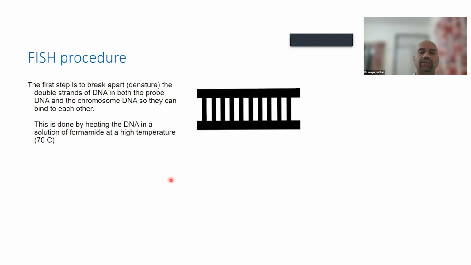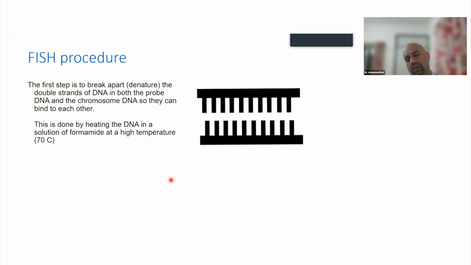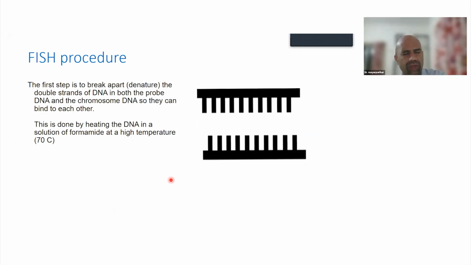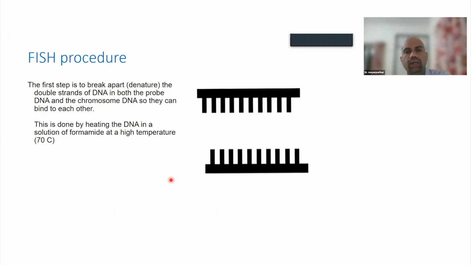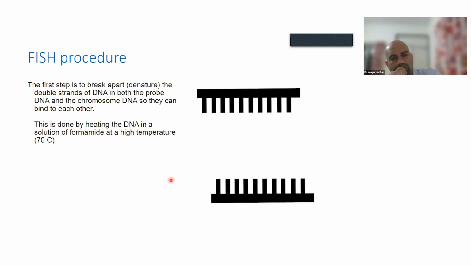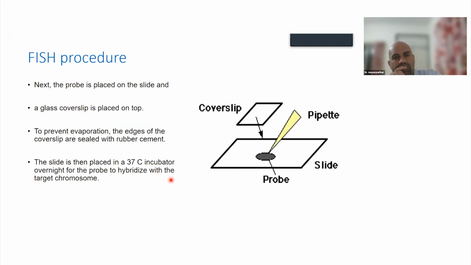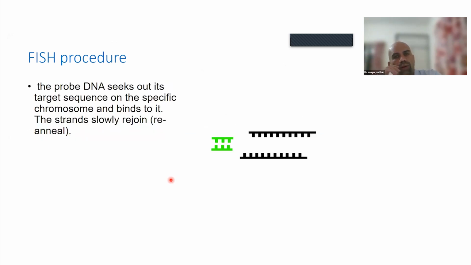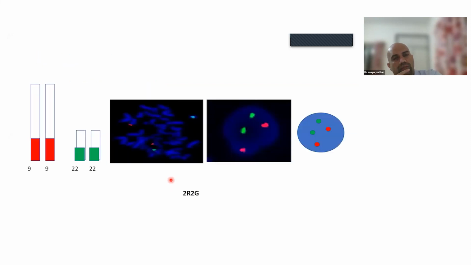What is FISH? As I said, FISH is a technique wherein you ask specific questions. So you just apply the specific probe. So the first part, what you do is we denature the DNA and then we add the probe. And the probe, what it will do is it will find its place to the complementary sequences of the genes we are interested to study, and we'll go and hybridize, and then we will read the FISH signal patterns under the microscope.